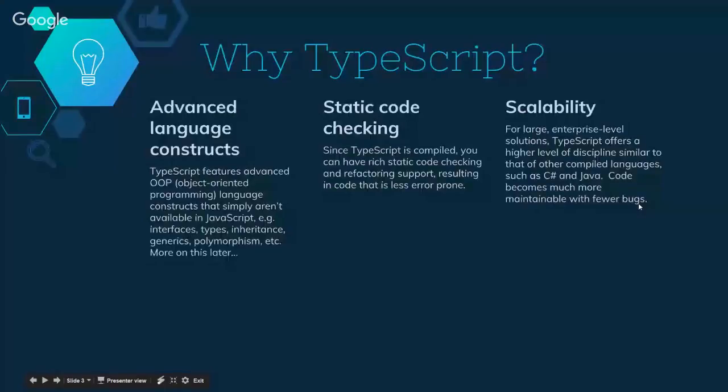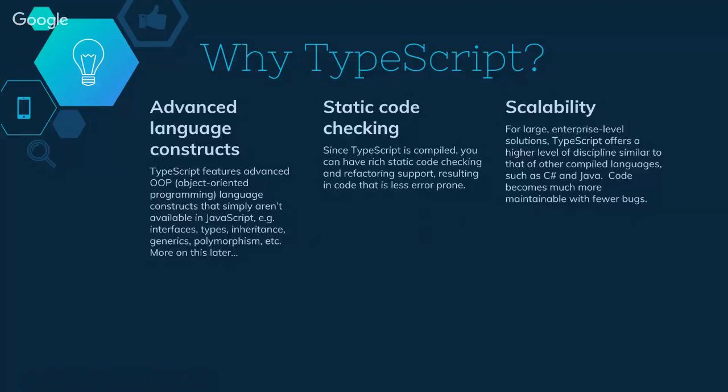So in terms of advantages of TypeScript, we have advanced language constructs now available. Again, we're extending the syntax. So all these object-oriented principles that you're used to learning, interfaces, types, inheritance, generics, polymorphism, we're going to talk about all of these today. And basically those constructs are available in TypeScript now, and it will compile to your JavaScript. We have static code checking. TypeScript is compiled, so you have static code checks on your code.